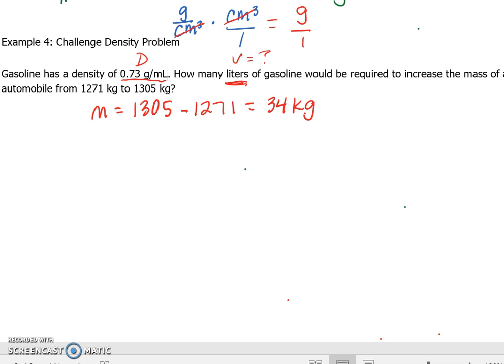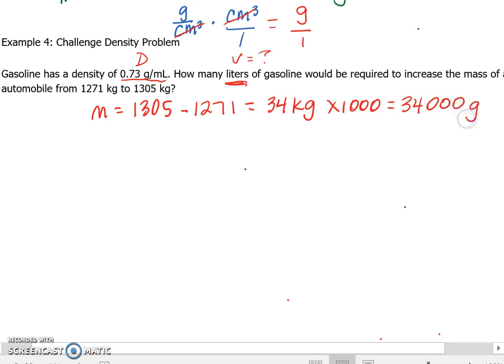So to convert this to grams, I would need to multiply times 1,000. So what I'm really trying to do is increase the mass of the car by 34,000 grams. That's why this is a challenge problem. And so now this is my mass.